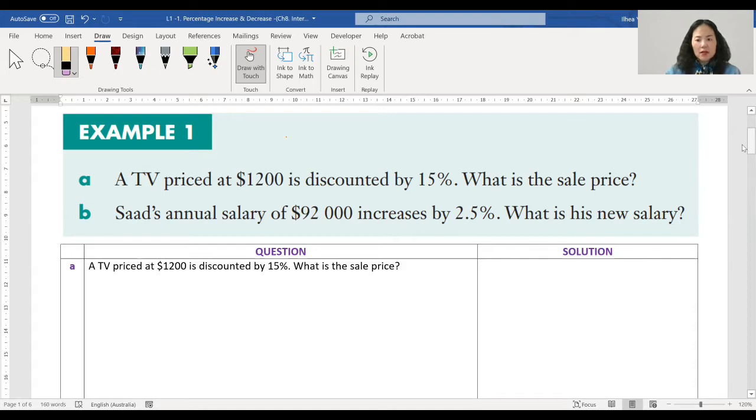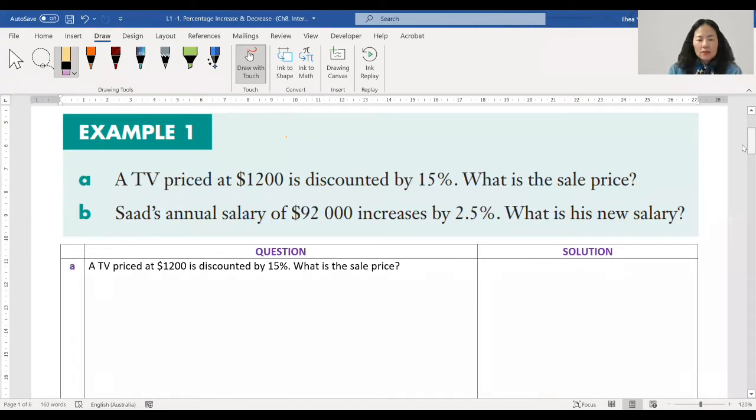Okay, so the sale price will be after the 15% discount, so it'll be less than 1,200. So let's have a look at how much our new sale price is. When we buy an item, you pay 100% of that price, right? Unless it was discounted. Now, in this case, with this TV, you're not going to pay 100%.